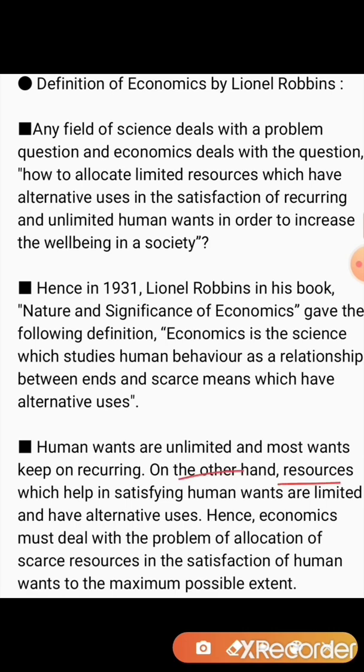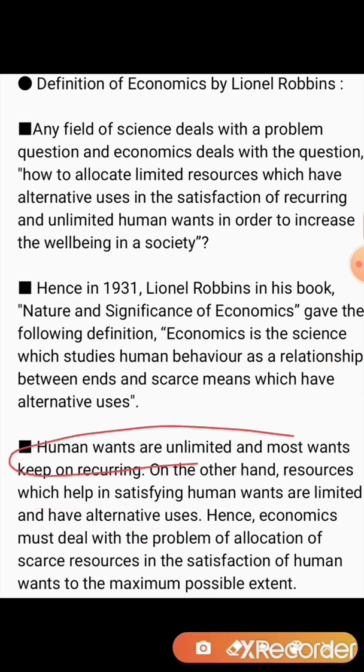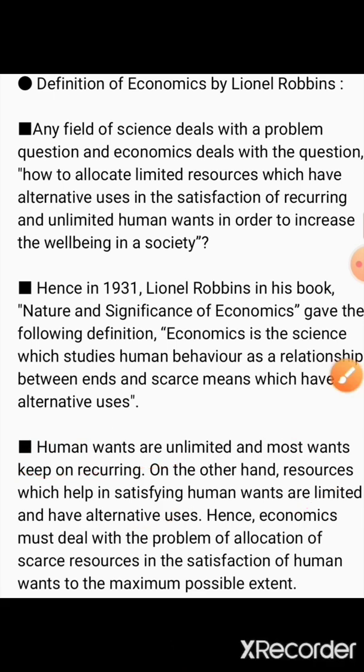On the other hand, resources which help in satisfying human wants are limited and have alternative uses. To satisfy all our wants, we require money, and money is limited with us, and money has alternative uses.